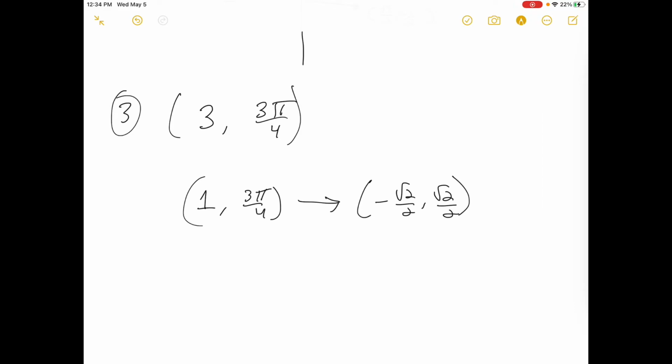But if the radius is 3, we're just going to multiply this x and y by 3. So negative 3 root 2 over 2, 3 root 2 over 2.